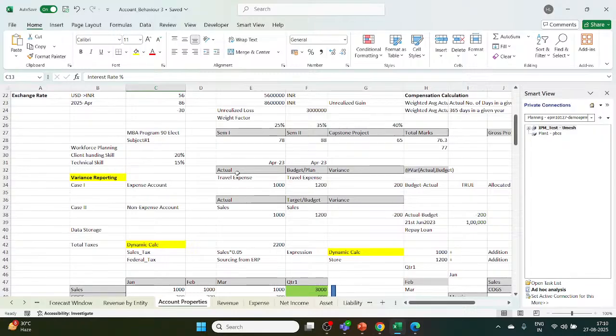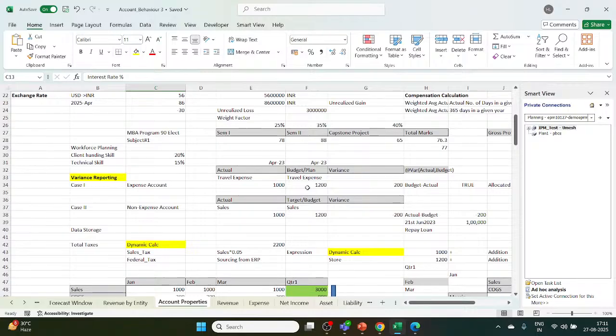taking this example. Here the actual and budget equals to variance. So actual, like the travel expense, the actual expense which we have incurred on traveling is 1000, but our budget, the budget which we have allocated, like 1200 is our budget.